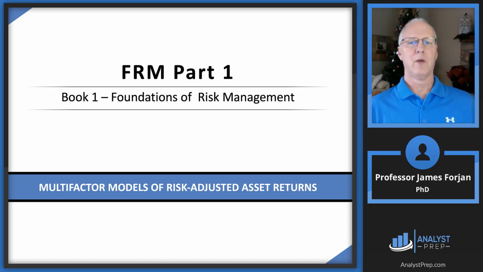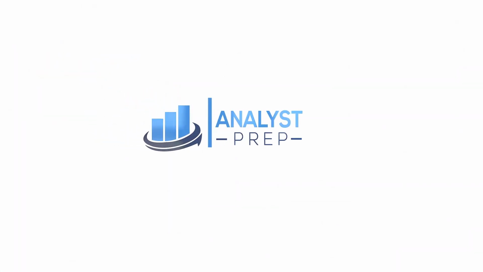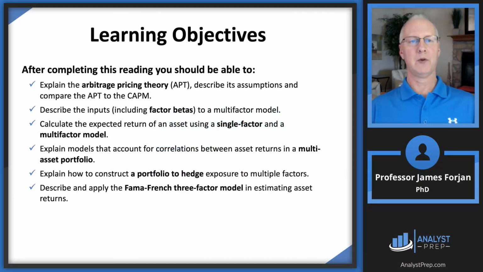This is FRM Part 1, Book 1, Foundations of Risk Management, and the chapter on multi-factor models of risk-adjusted asset returns. I bet you were thinking, hey, you know what, this CAPM is really cool.